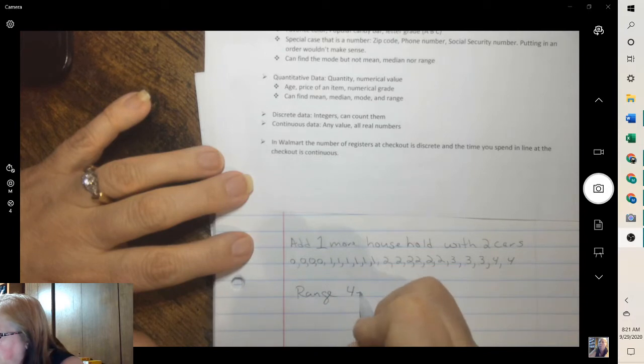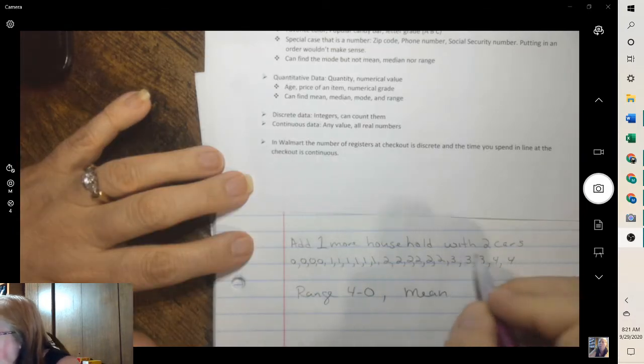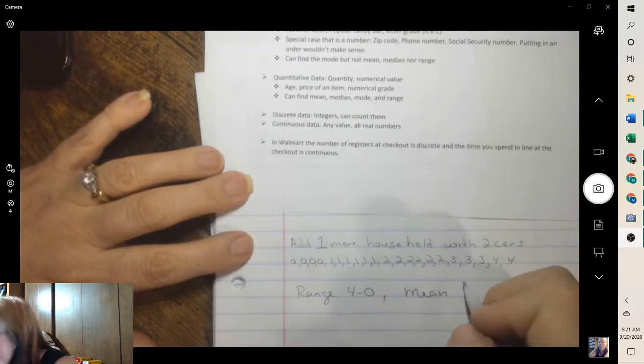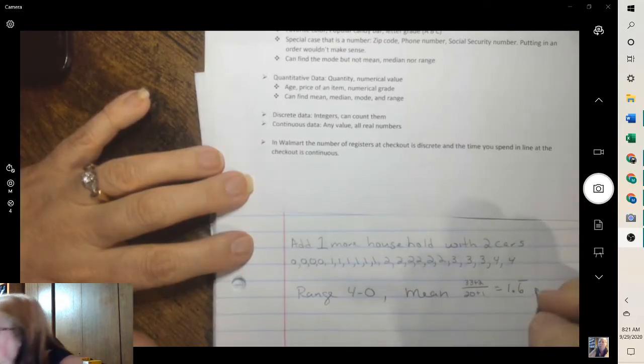It's still 4 minus 0. Our mean, if we add all of them up, well, we had 33, so we just added 2 cars, and we add 20 and we added 1 household. And it's 1.6666, so if we're going to round to the 10th, 1.7.